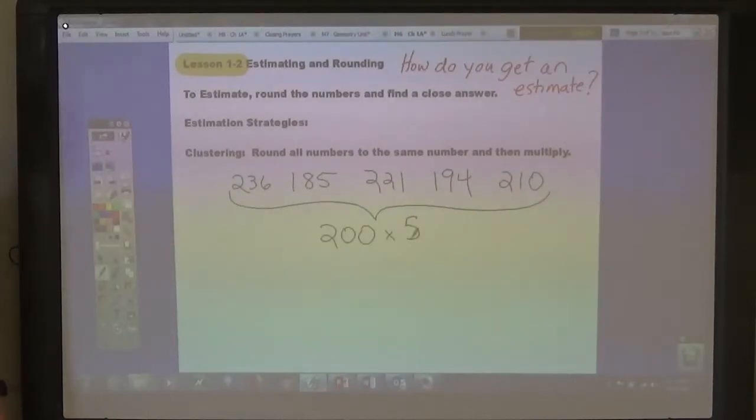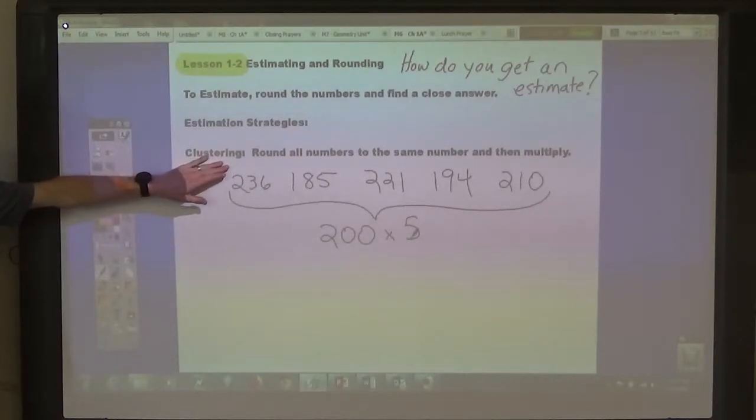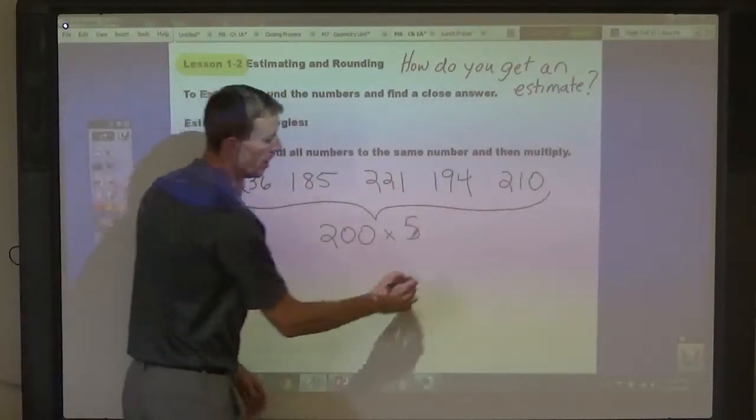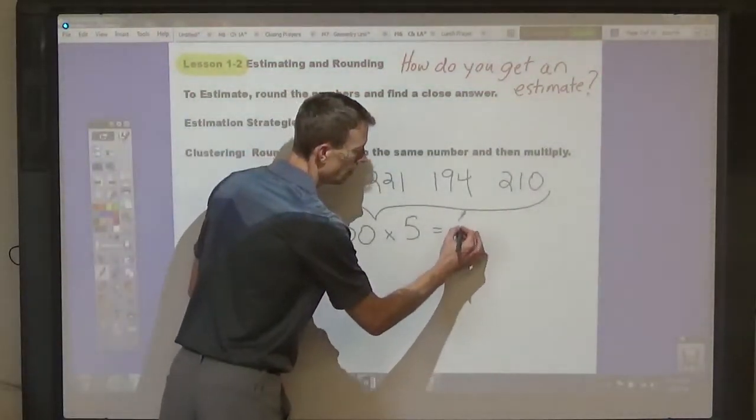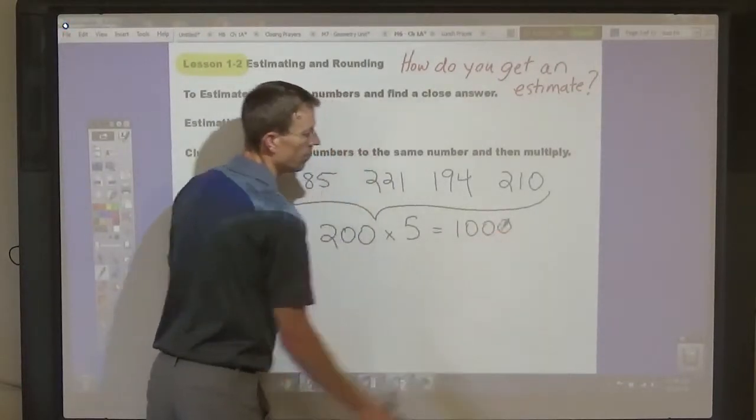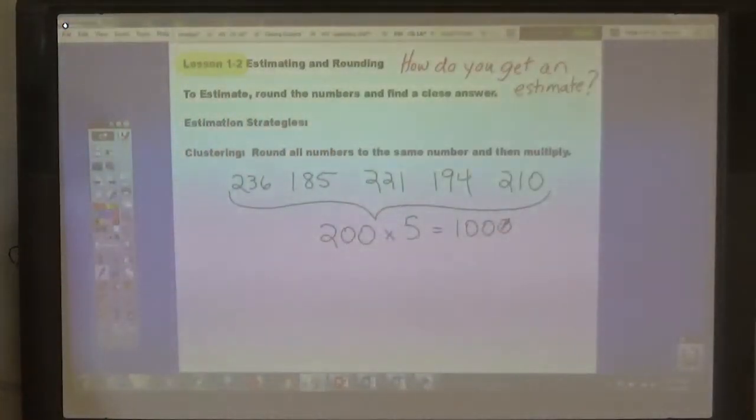Thomas? Do we have to write that down? Yep. This is an easy example of that. So round all the numbers to the same number and then multiply to get an estimate. 1,000. Okay? You multiply, but it's not always 5.